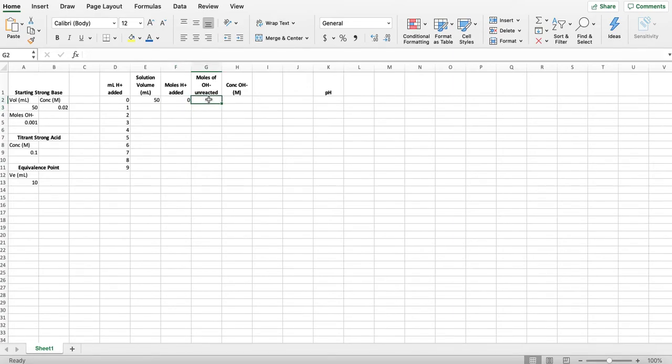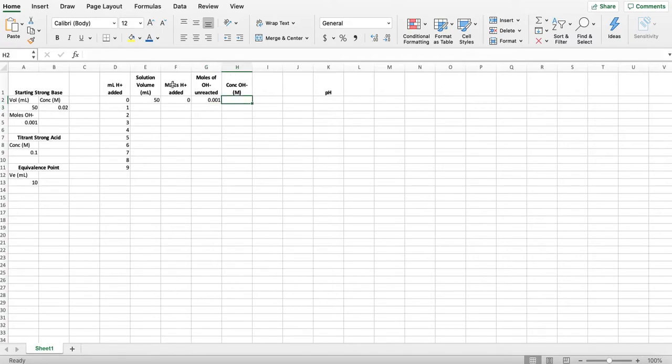Now moles of OH minus unreacted will be the amount that we started with minus the amount of H plus that we just added. And I want to make sure that when I scroll down, I keep the moles of OH minus right there.